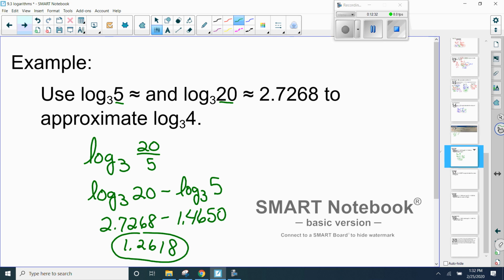Clear the whole thing. Now hit alpha window. Number 5 is log, right? Now arrow to your base. What's your base? 3. What's the argument? 4. And you get this.